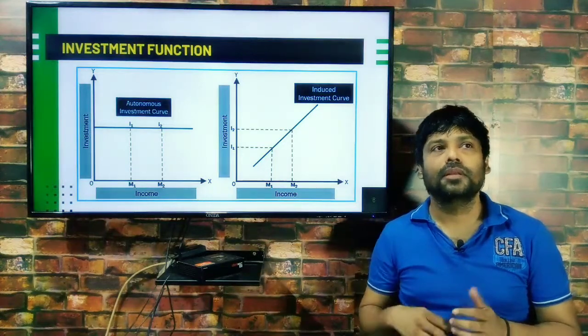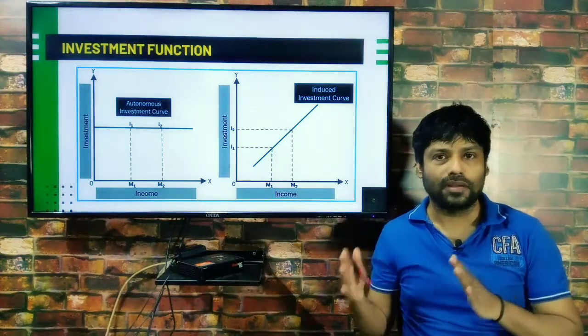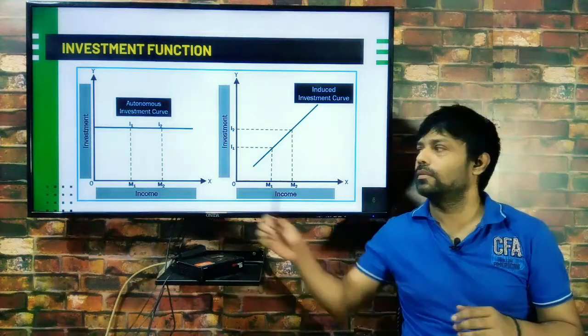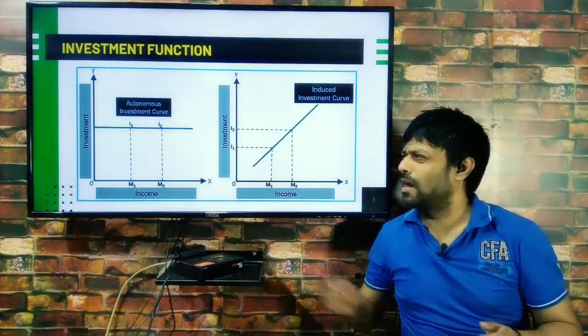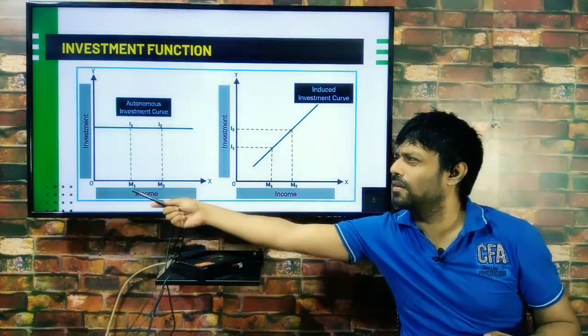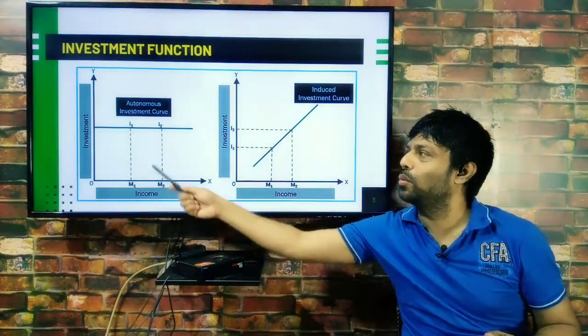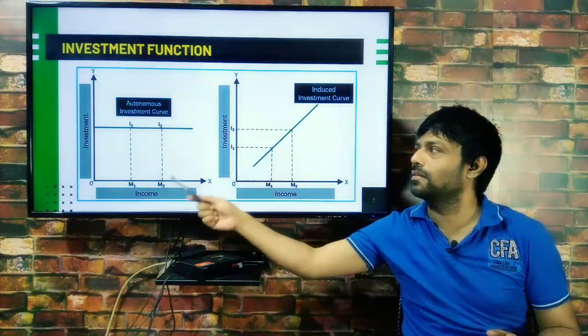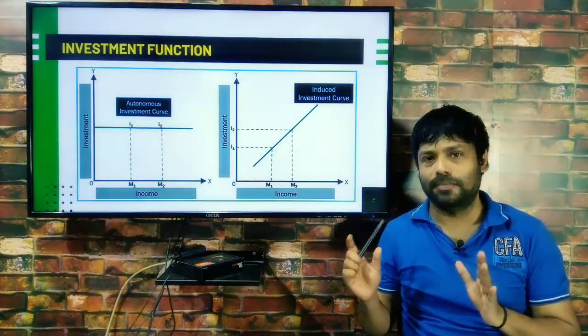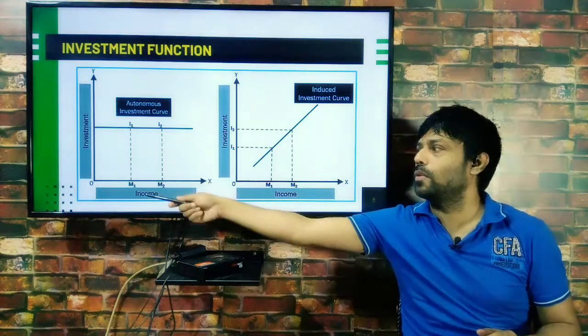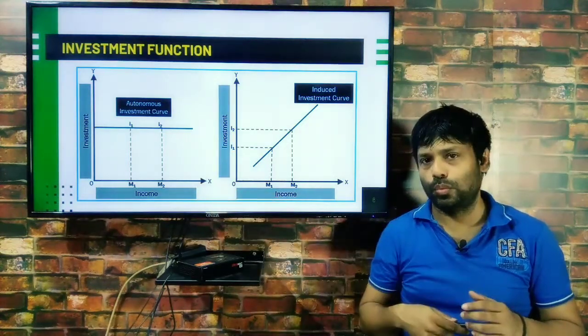For example, when the amount of income is OM1, the investment is I1M1. When income is OM2, the autonomous investment is I2M2. And both are equal. I mean, I1M1 is equal to I2M2.